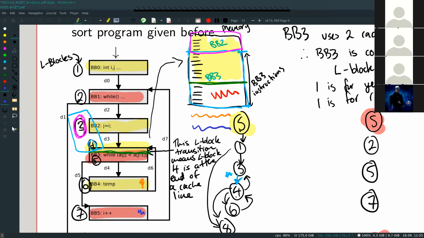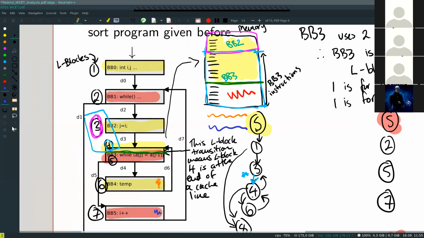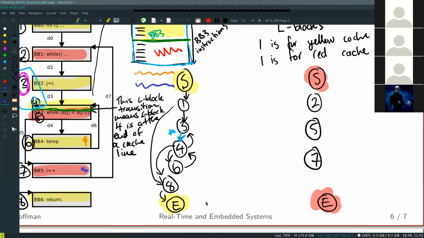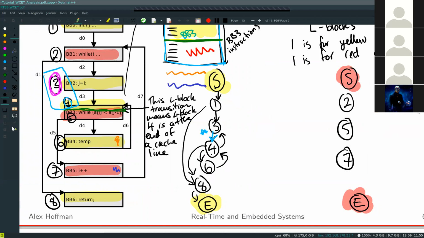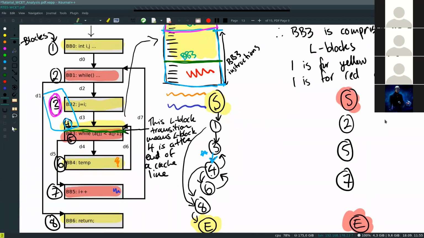Okay. So then let's go on and draw the red cache conflict graph. We have 2, 5, and 7. So looking from the left, who can tell me my transitions from S? Yep. What then? 2 to 5.